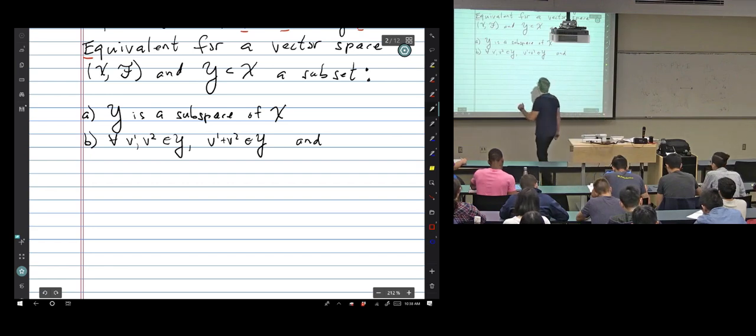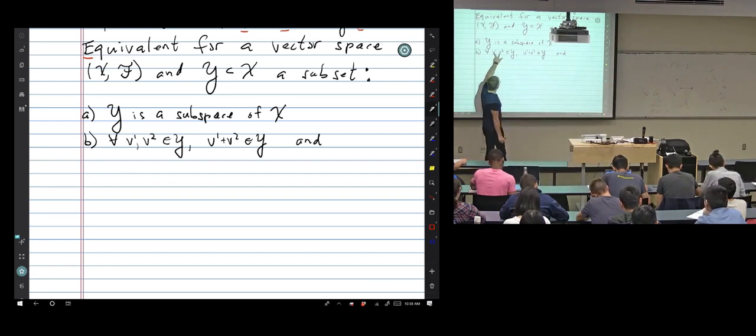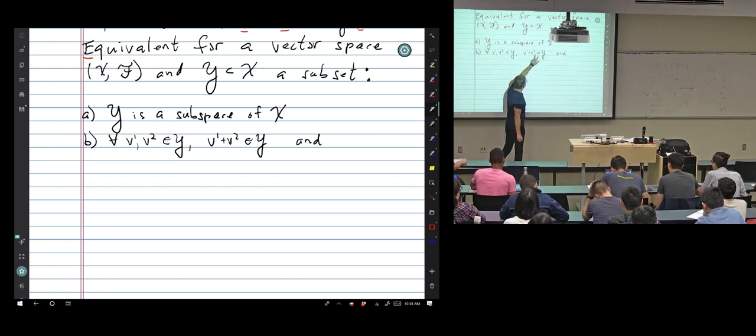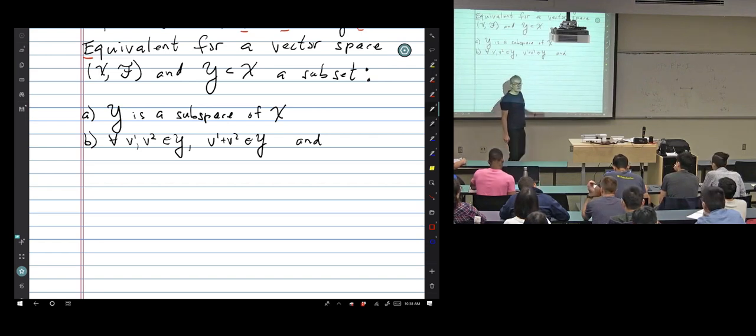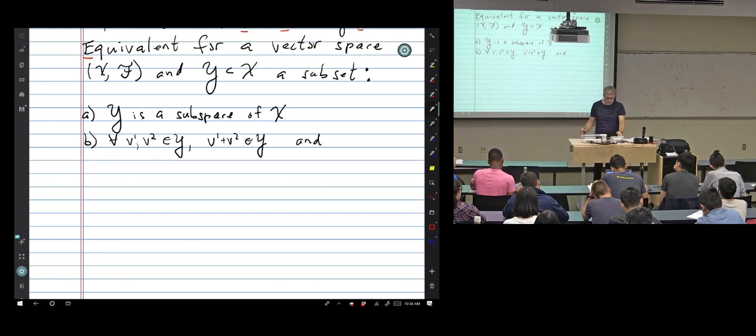Okay. Take an arbitrary pair of vectors, their sum is in Y. Orally, one says Y is closed under vector addition. Okay. Y is closed under vector addition.